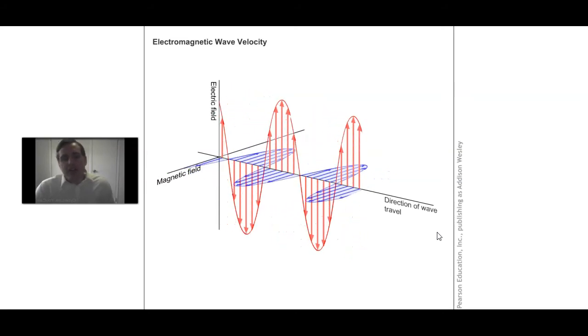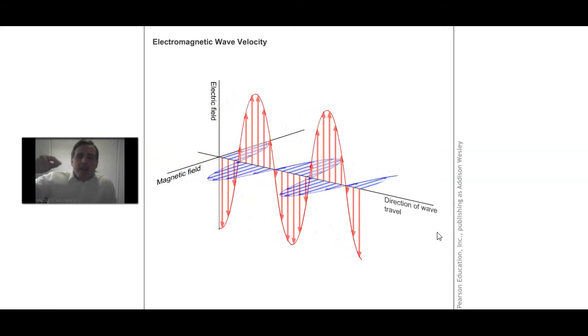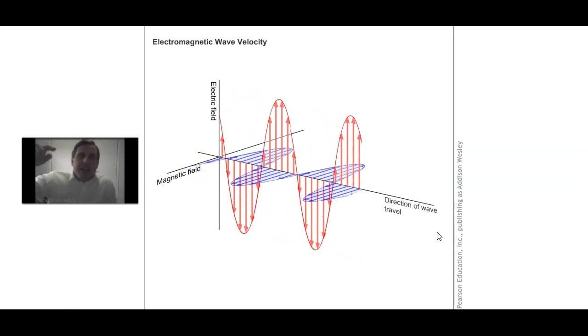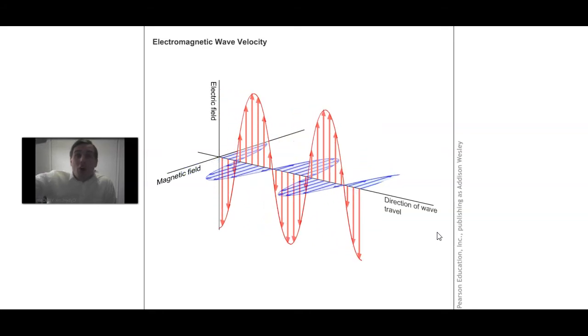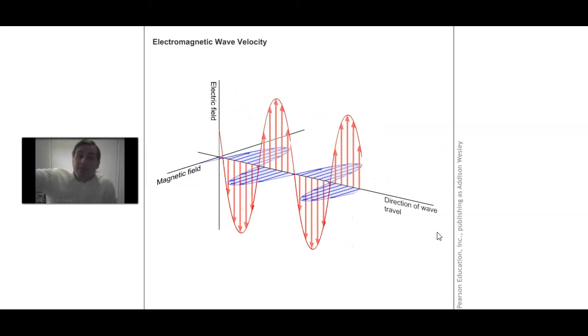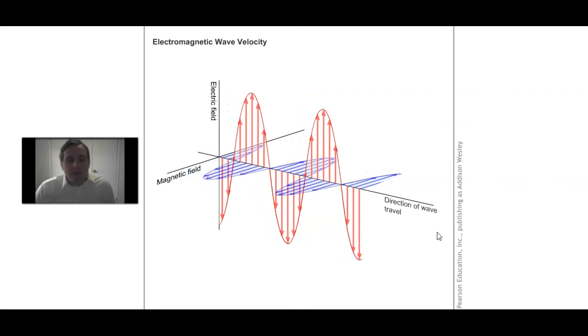And it turns out that 4 light years away means the distance that light would travel in 4 years, because we know what the speed of light is. That's how far, in terms of distance, that star is away from us.